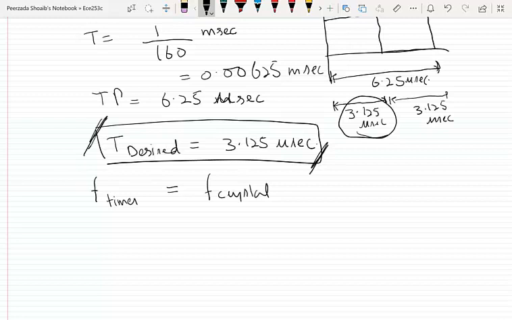So now the frequency of the timer will be equal to the frequency of the crystal, that is 16 megahertz. And the time period of the timer will be 1 by 16 megahertz, which we had calculated in the last class.